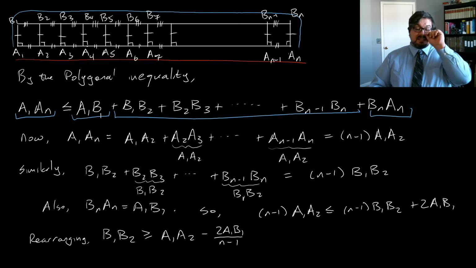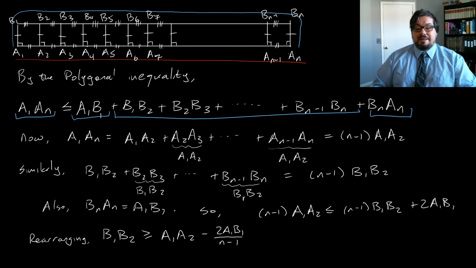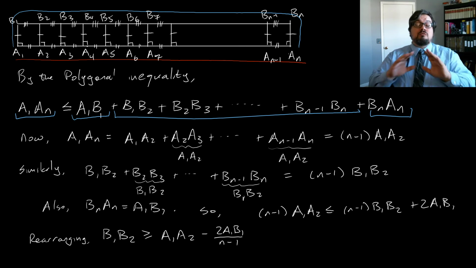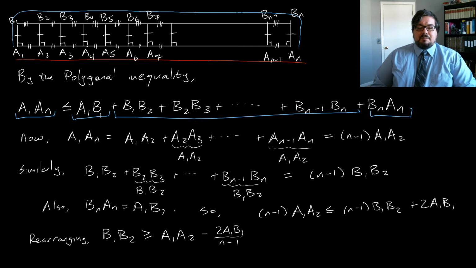So what we get is that the distance from B1 to B2 is greater than or equal to A1, A2 minus 2A1, B1 over n minus 1. And remember, these are all real numbers now, so we can use all the facts that we know about real numbers. Now, we have been trying to show in this theorem that B1, B2 is greater than or equal to A1, A2.